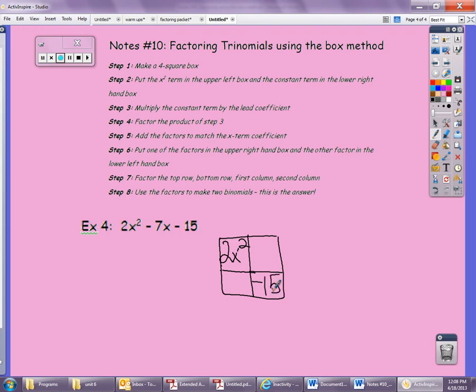Step 3, multiply the constant term by the coefficient 2x squared, 2 times negative 15, factor negative 30.